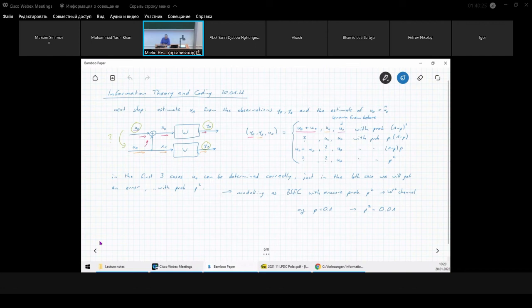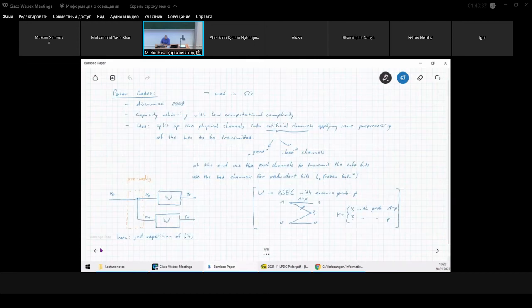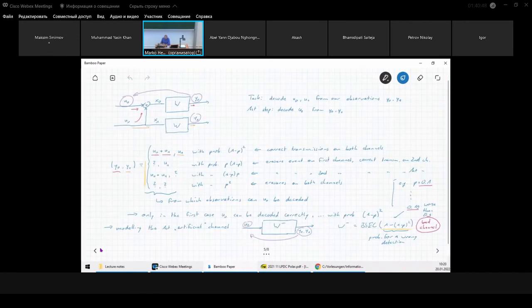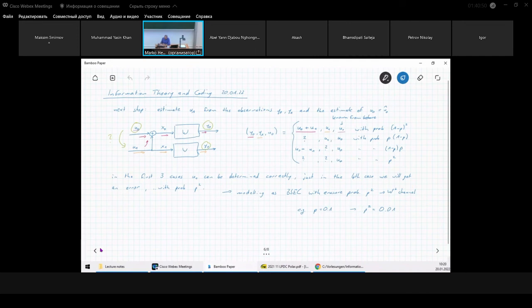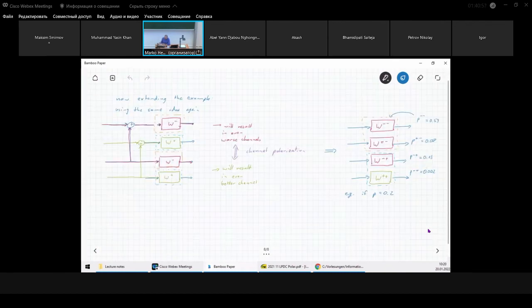There's no relationship that we can say this needs to sum up to 1. Of course, within our channel model, the error probability needs to sum up with the probability of the correct transmission. But I just consider several binary symmetric channels, and there's no relationship that says the probabilities need to sum up to a certain level.